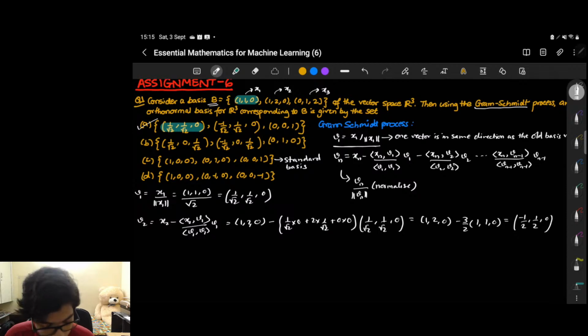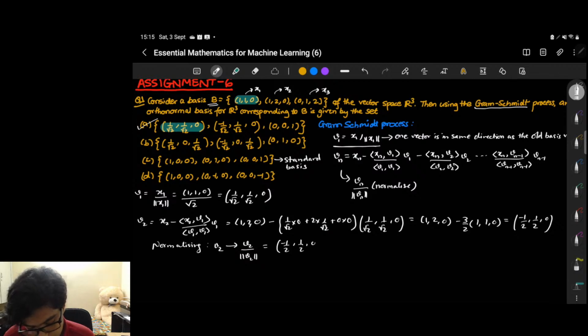And then we can normalize it. Normalizing V2 would be dividing V2 by its norm. So let's do that.